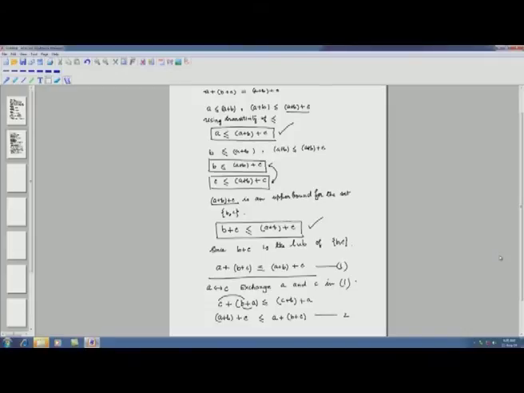So, we have got now 2 and we have got 1.